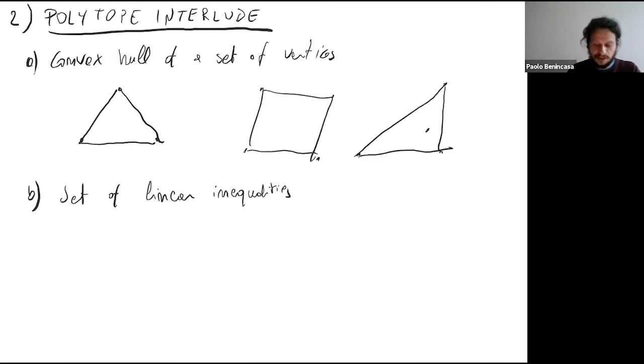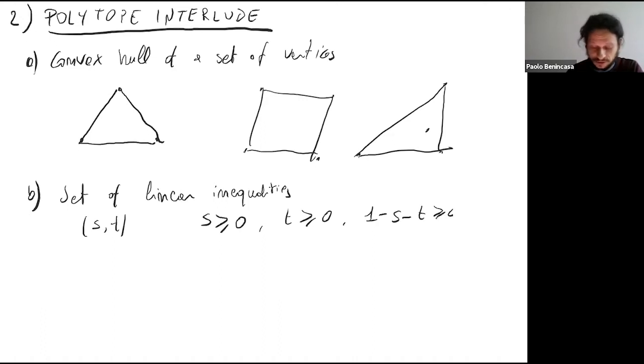For example, let's say I have a space in the plane, given by coordinates s and t. I can take s greater or equal to 0, t greater or equal to 0, and 1 minus s minus t greater or equal to 0.